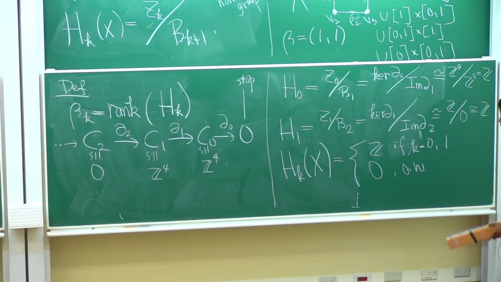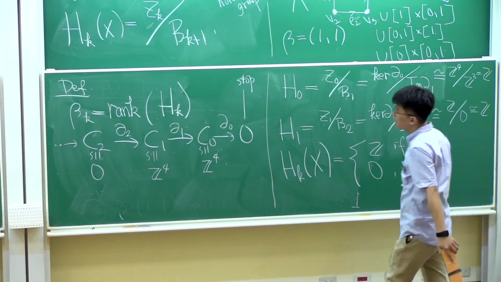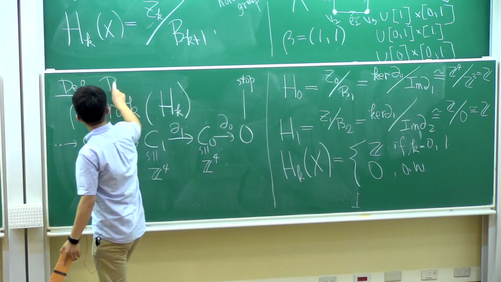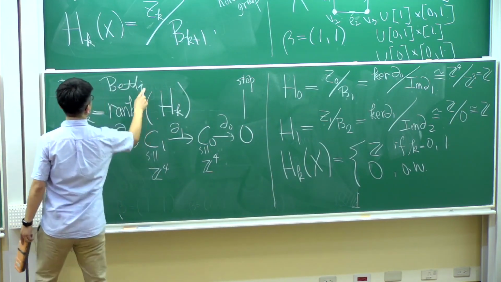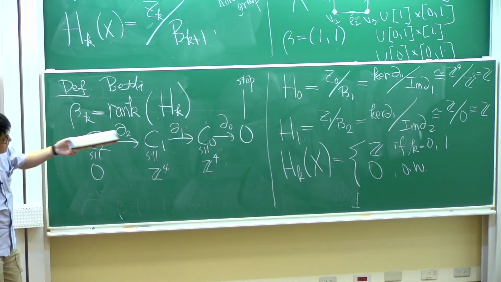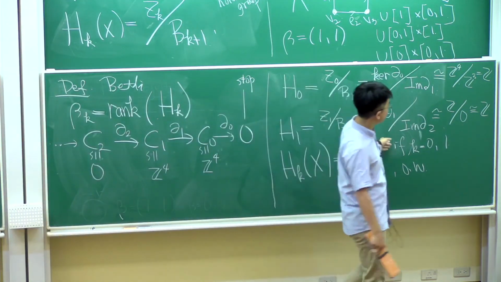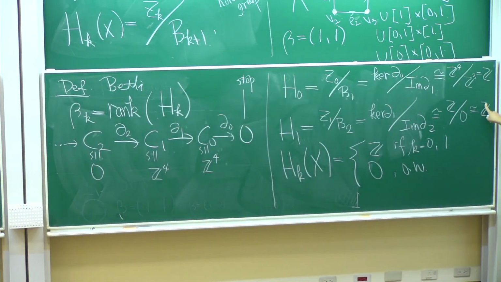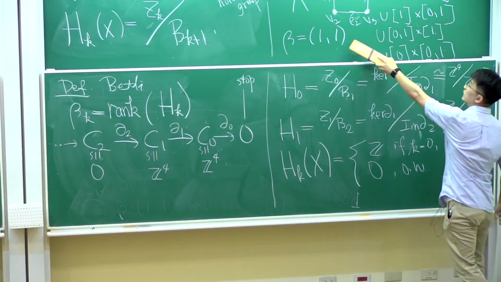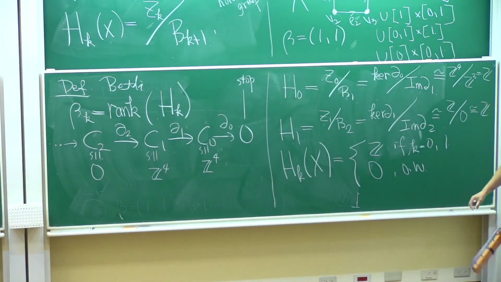Okay. And applying our definition, the Betti number is defined to be the rank of the group. So the rank in this case is rank 1. And that's how you see it there. Okay?